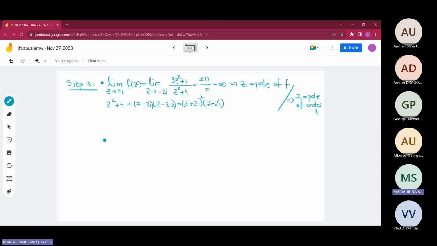And as you have seen before, the residue when the order equals 1 is actually the function evaluated at z equals minus 2i. So the limit when z goes to minus 2i of z plus 2i at the power which is the order, which is 1, times the function.